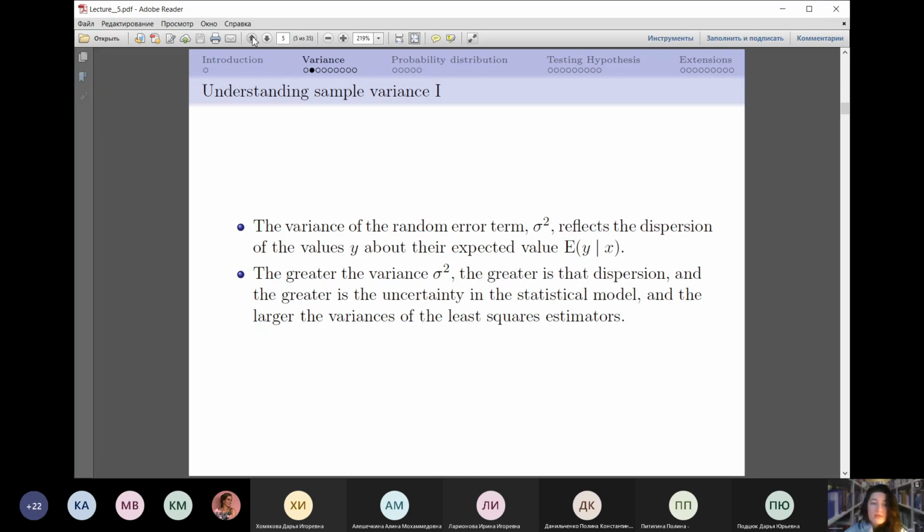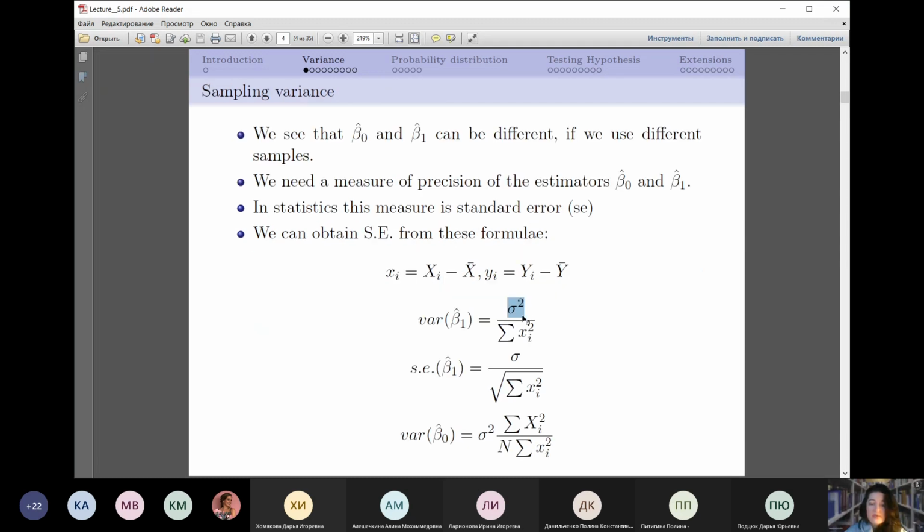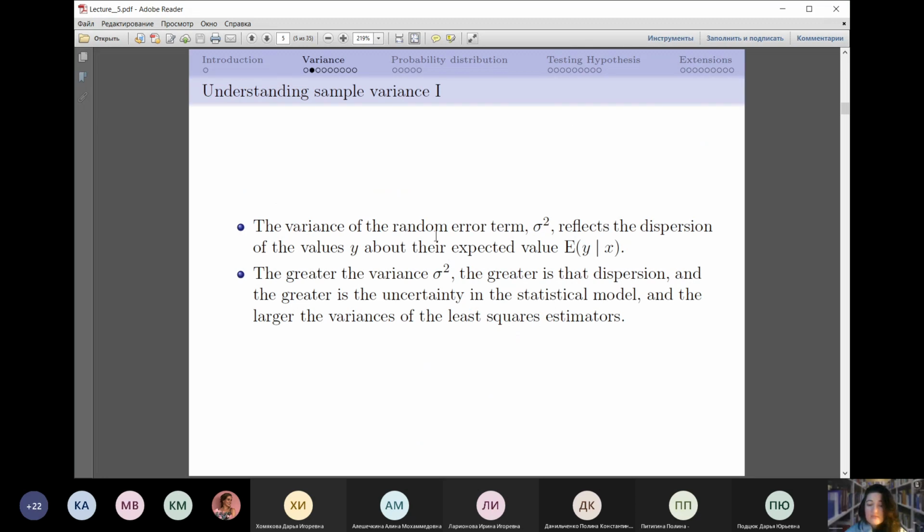You can notice that this expression, the variance of the error term, appears in each of the expressions, in the slope and also in the intercept.